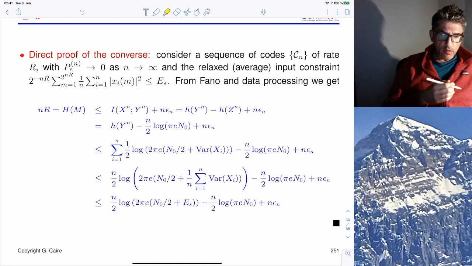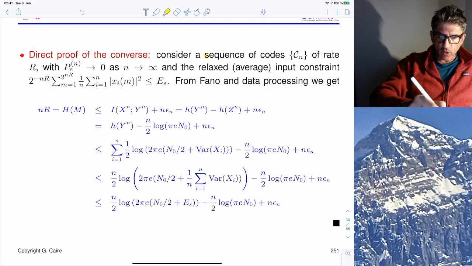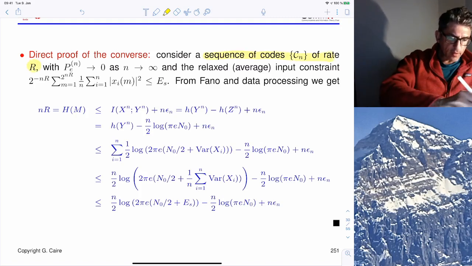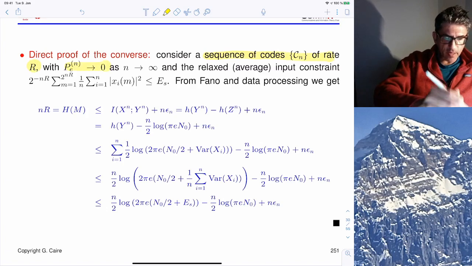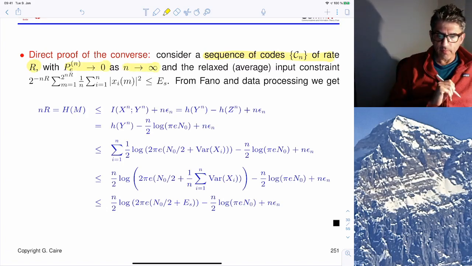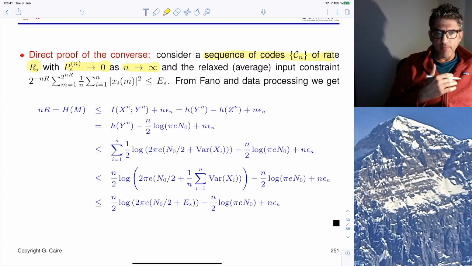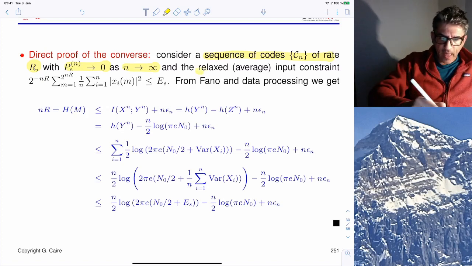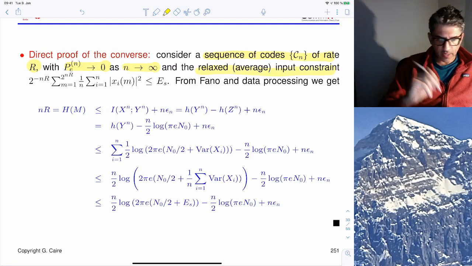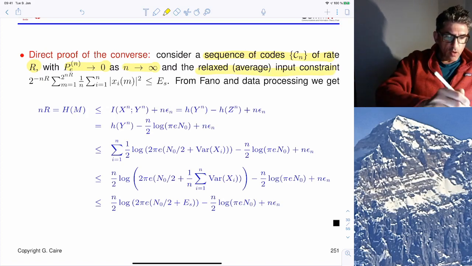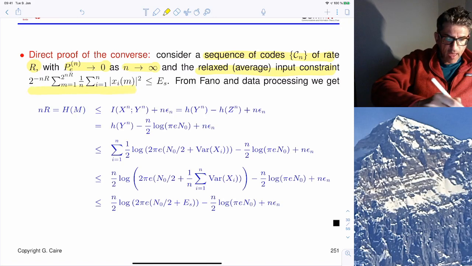So suppose that we are given a family of codes of block length n, rate r, and vanishing probability of error when n goes to infinity. And suppose that this family of codes satisfy a relaxed input constraint where we take the average of the energy per symbol over all possible code words.